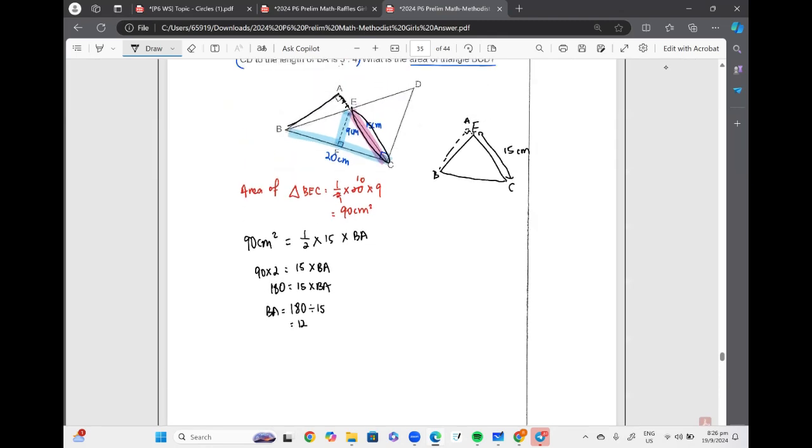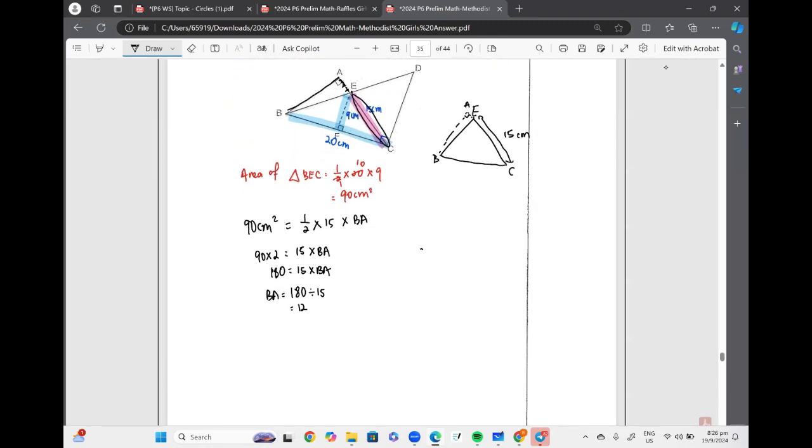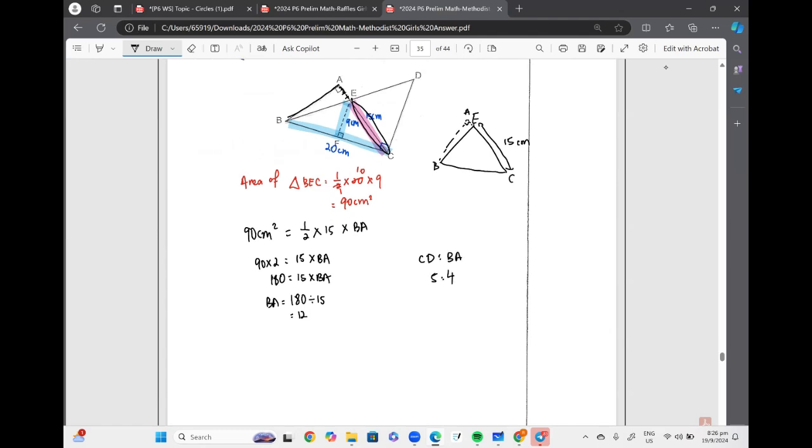Since I know that BA to CD is 5 to 4, CD to BA is 5 to 4. I know that 12 cm is 4 units. I can find 1U, which is 3 cm, and then 5U, which is 3 times 5, which equals 15 cm.